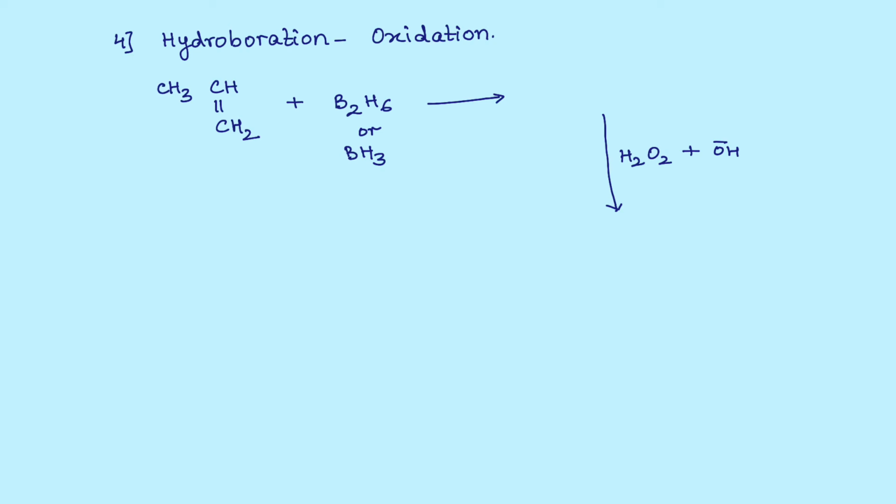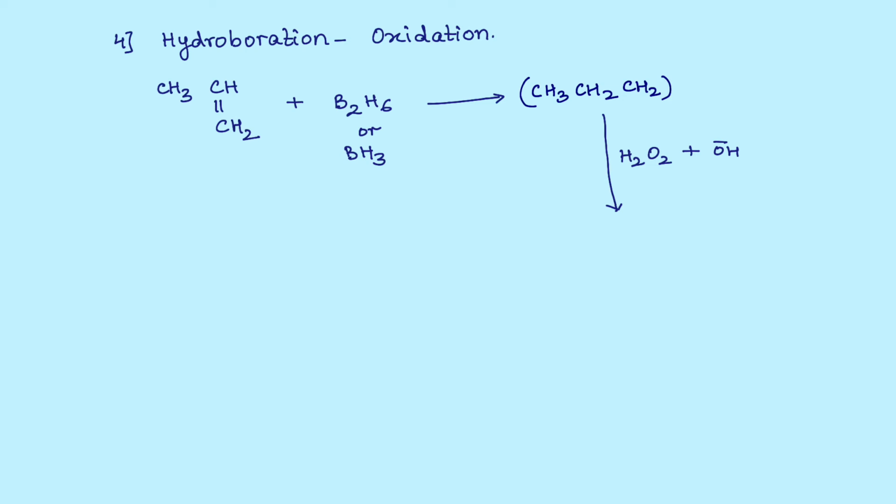So what we'll get over here in the products is CH3. I'm going to write from here, starting from here, CH3, CH. Now the hydrogen has got added across the double bonded carbon. CH3, CH2, CH2.